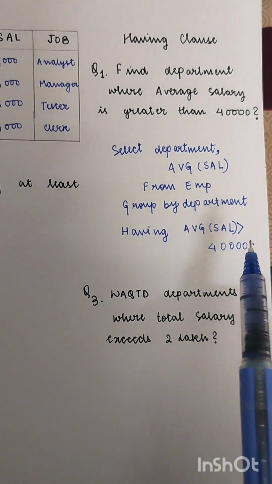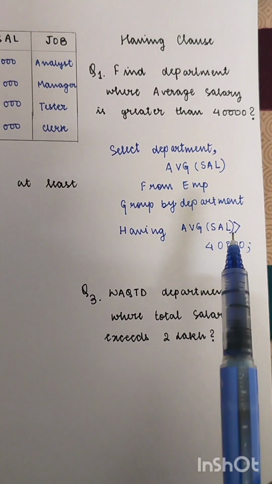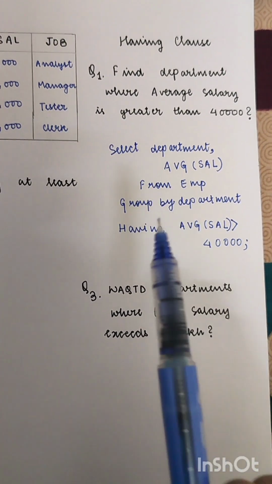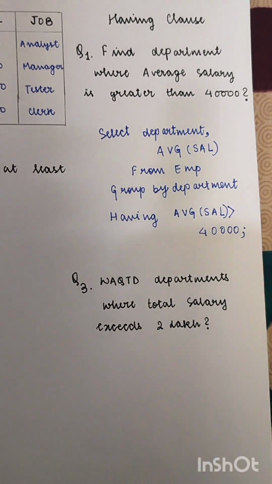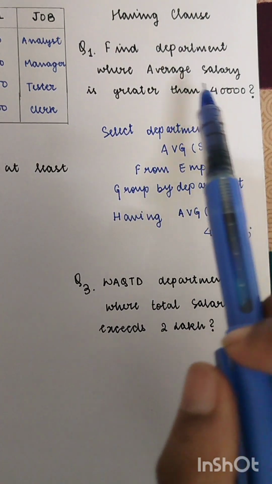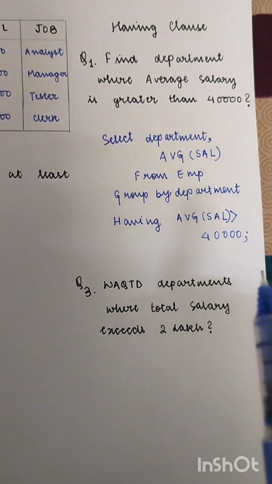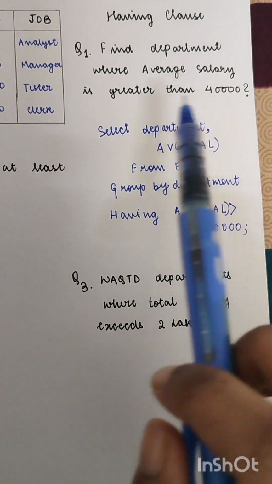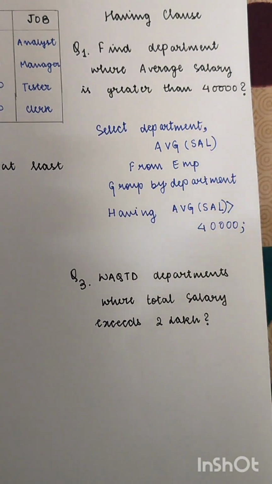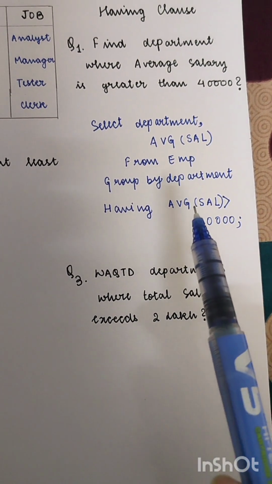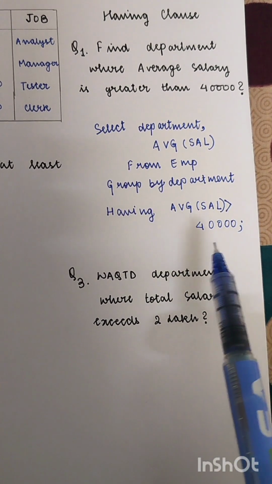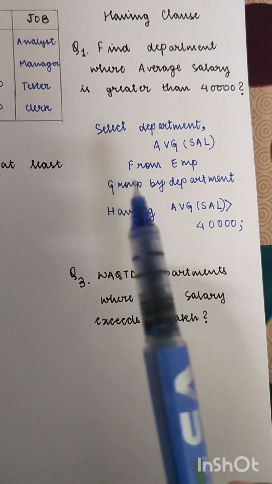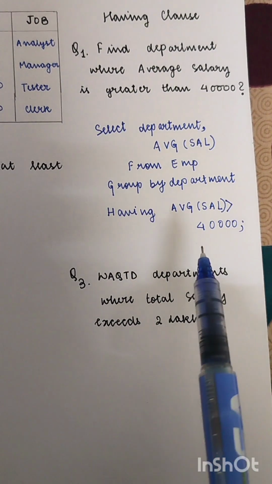So it is the department which has to be grouped. Now having, we have to give aggregate function. So we have to also apply the condition here that it should be greater than 40,000. So this is the condition that average sal should be greater than 40,000. So condition to be fetched by the having clause.